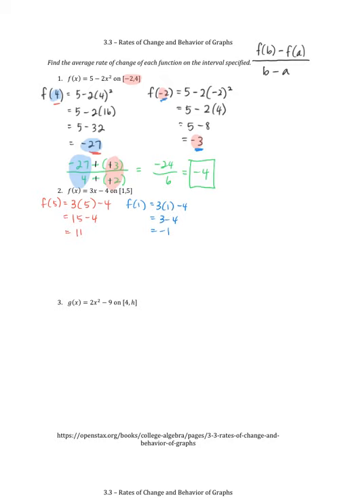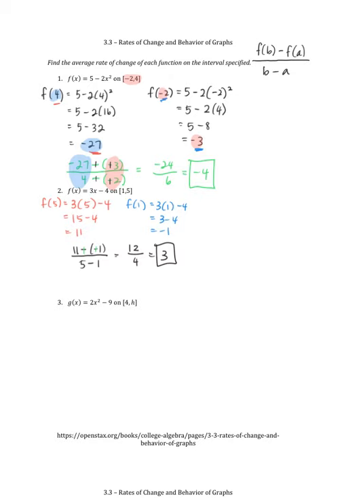And so now we're going to use the formula. So we'll have 11 minus a negative 1 over 5 minus 1. So that's going to be 11 plus 1, right? These two negatives make a plus. So that'll be 12 over 5 minus 1 is 4. 12 divided by 4 is 3. So the average rate of change is 3.